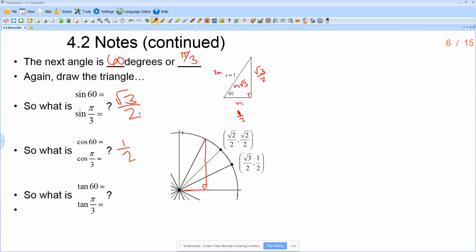And tangent, you set sine over cosine, or y over x. So root 3 over 2 over 1/2. You could either multiply by the reciprocal, or when you see that you have two fractions being divided and they have the same denominator, that denominator will end up canceling. So I'm left with root 3 over 1, which is just root 3.